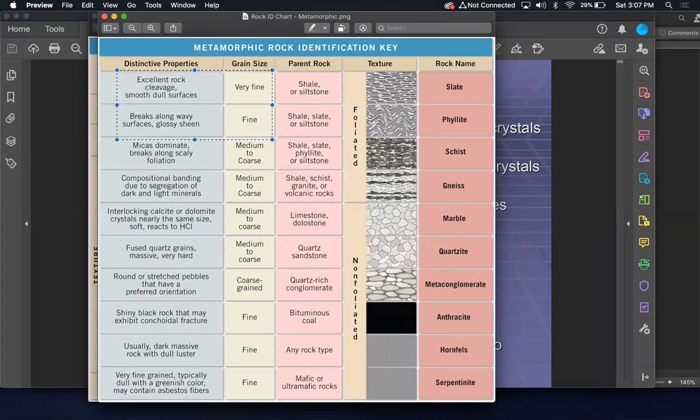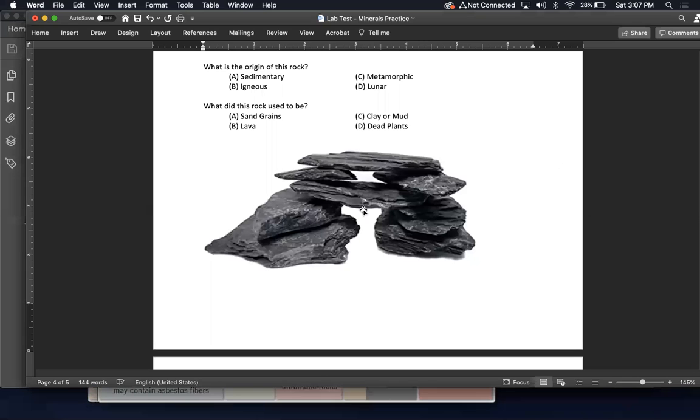I do agree with the fine grain size there. This next one breaks along wavy surfaces with a glossy sheen. Yeah, ours would break, but not as wavy, and you would also not see that sheen to it. So it's a close call, but I think we've got slate, and that will be the answer that I pick for that one. So that's what slate looks like.